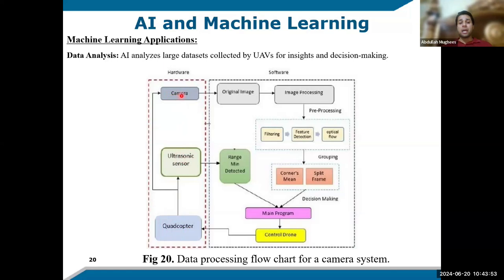In this camera, we take the original image and use image processing, and we perform sophisticated tasks like feature detection, filtering and optical flow, and then we use the corners mean function, which is a detail of this programming language. We perform all these tasks to identify what the drone is seeing and process what it is seeing.